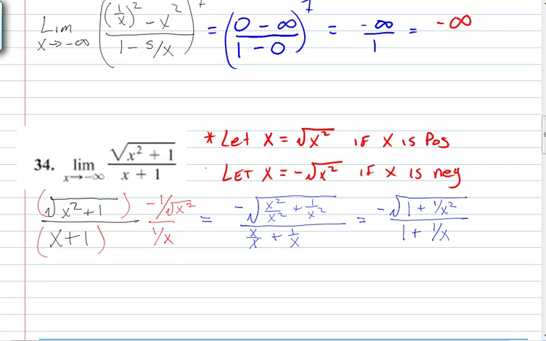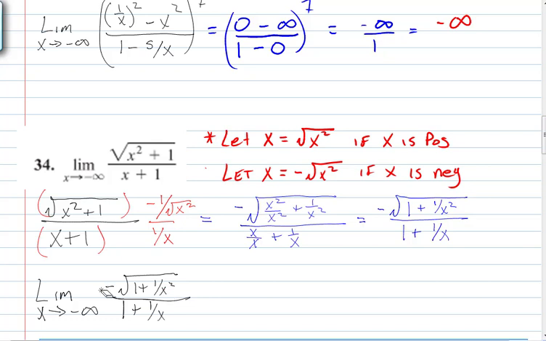So we can now look at the limit as x approaches negative infinity of negative square root of 1 plus 1 over x squared divided by 1 plus 1 over x. By direct substitution, when we plug in a negative infinity right here, what is that whole term going to? 0.